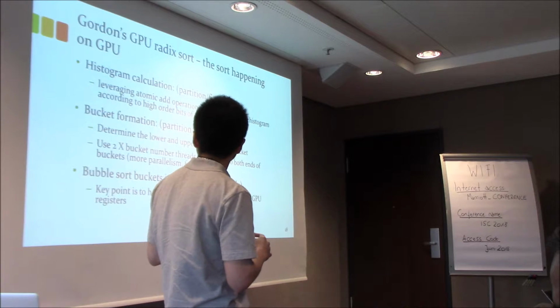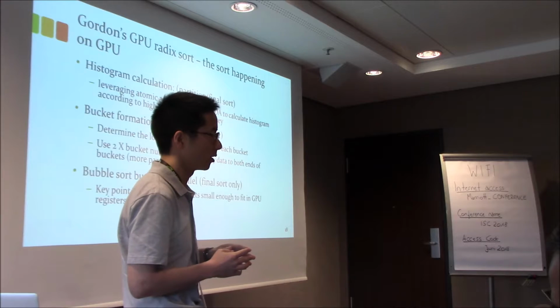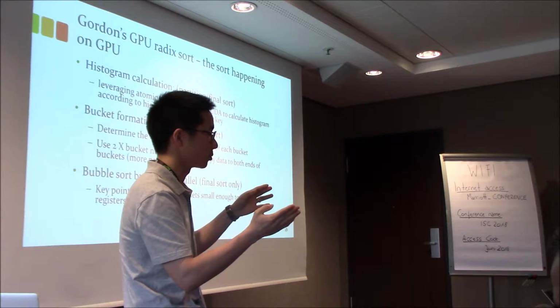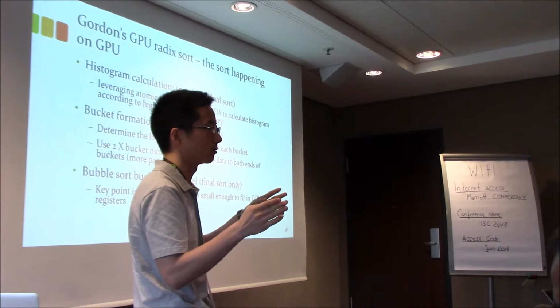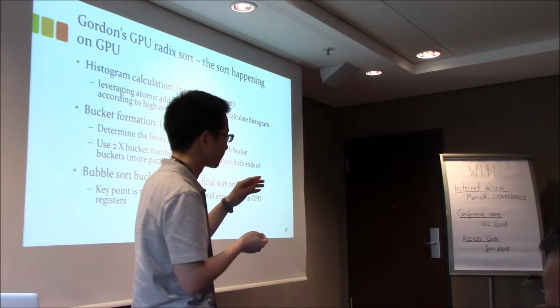And next, from the histogram information, we can know the start and the stop of each bucket we are going to sort. So basically, we have decided the range of the input data on the GPU.